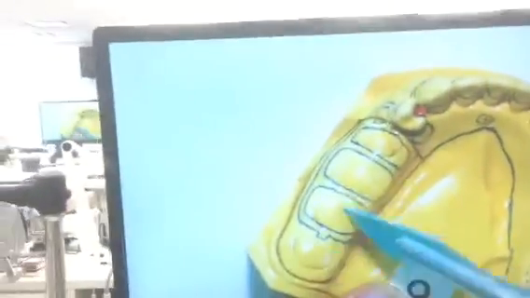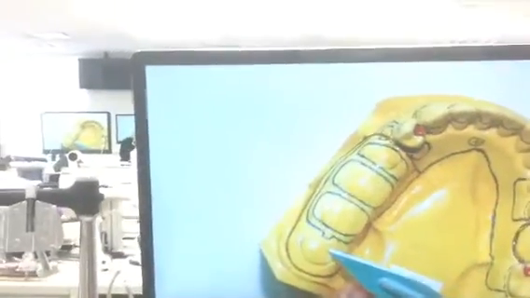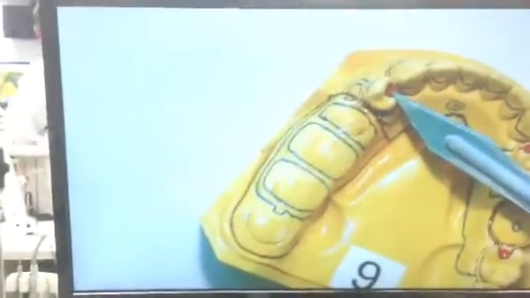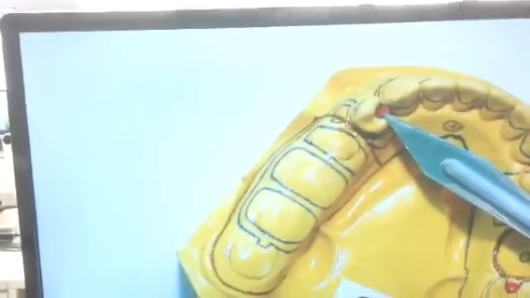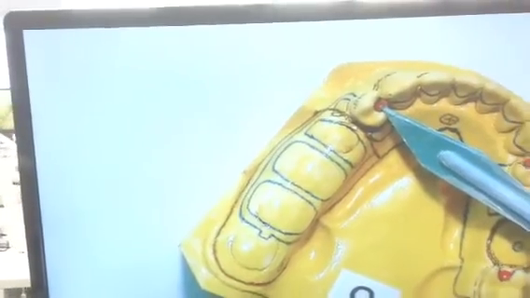Any time that you have an edentulous area, you are thinking RPI or RPA. It's your only two choices. Don't make this test complicated.